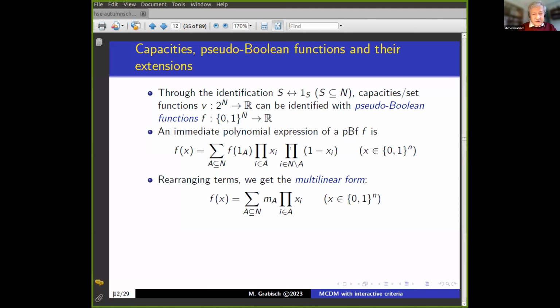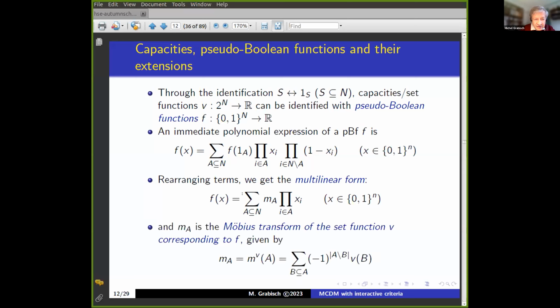Now this can be considered as a polynomial expression, and you can factorize it in a different way. If you develop and refactorize, you can obtain this form, which is also polynomial, but of course the coefficients will be changed. What is interesting is that these coefficients correspond to what is known as the Möbius transform of the set function V, and here is the exact expression of the Möbius transform.